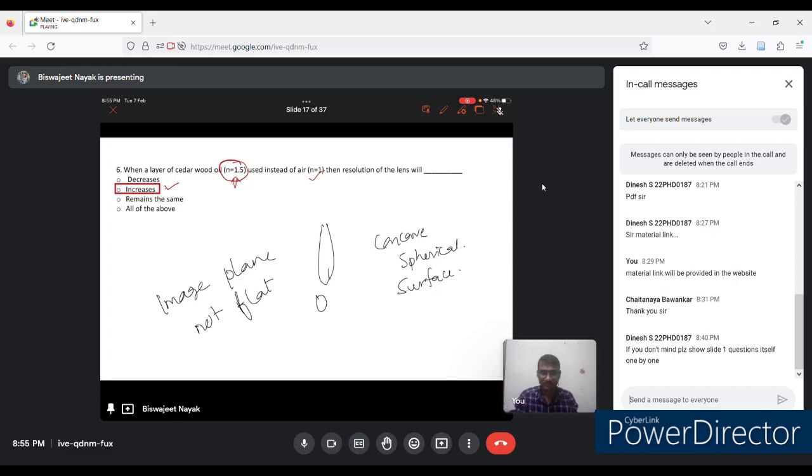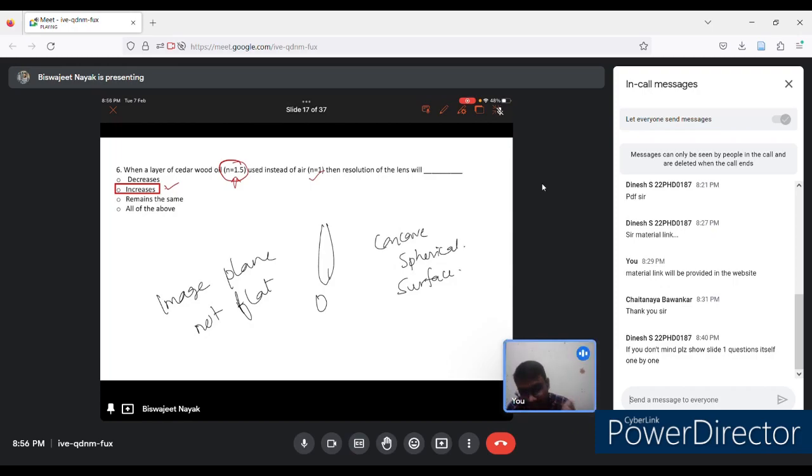Which one is the correct answer? I don't know, sir. Okay, let me think. If I take curvature of field as the answer, in some areas I was seeing the curvature of field. Which one is correct? I don't know, sir. Curvature of field.